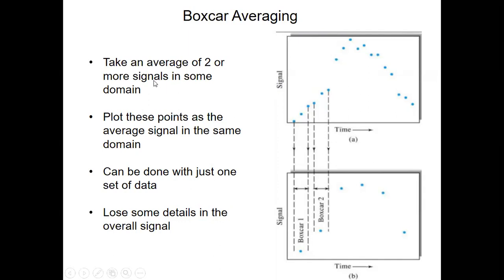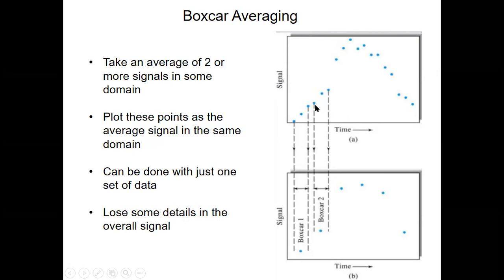Take the average of 2 or more signals in some domain. Plot these points as the average signal in the same domain. And the same thing will be done for the second data set. For the first 3 set, we took the average and plotted it.